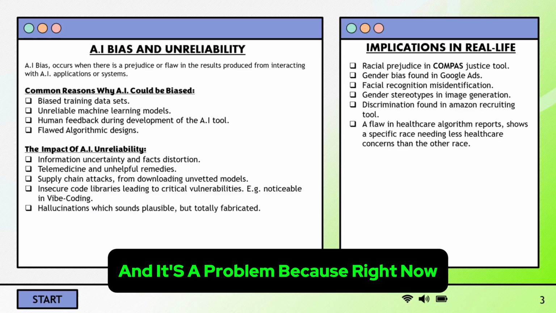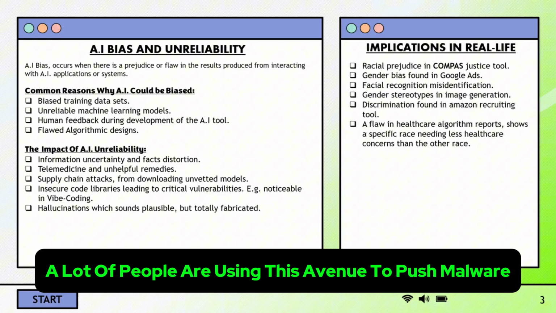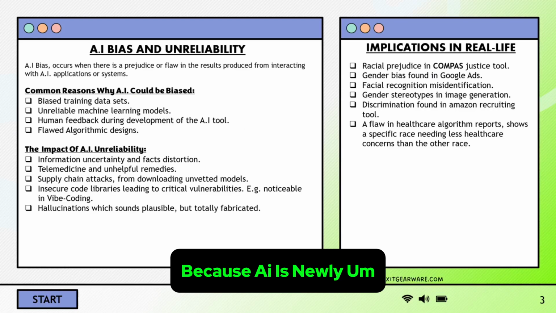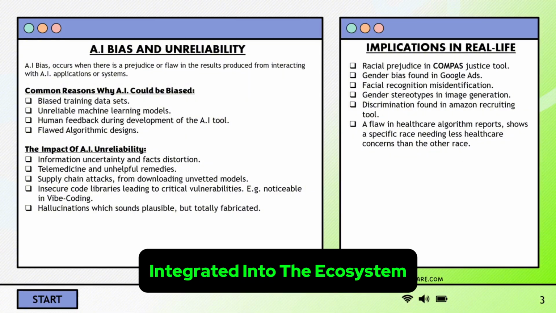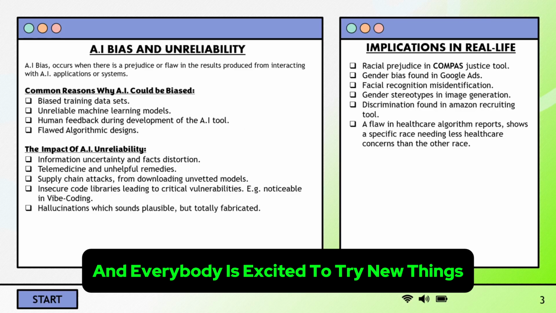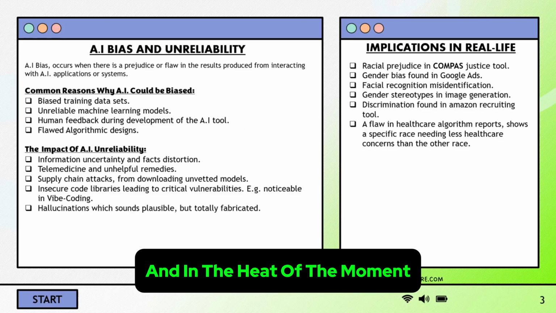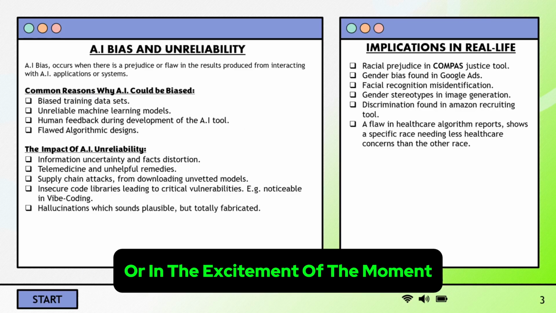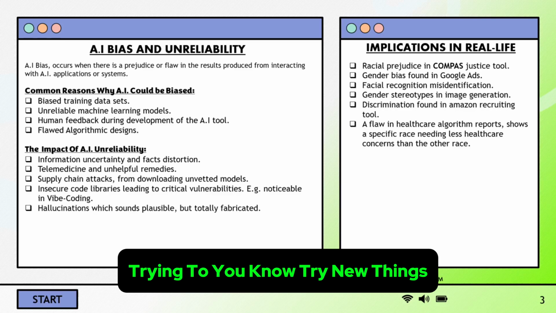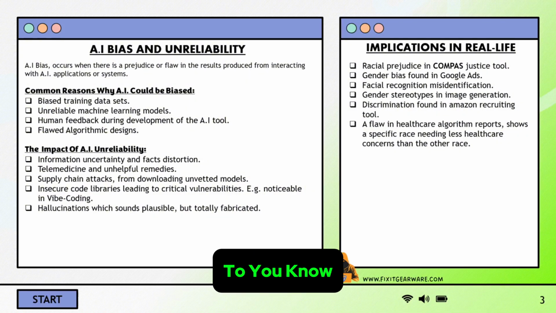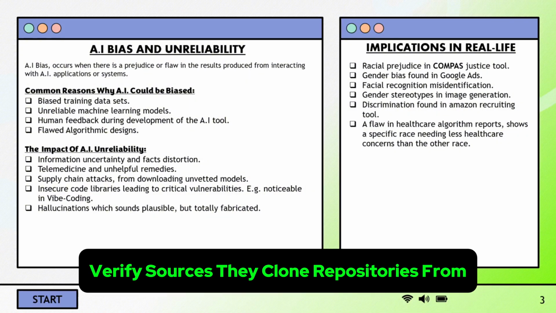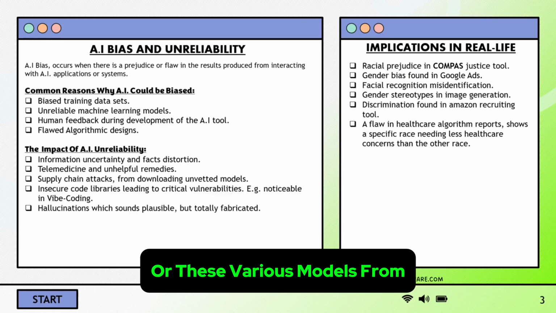And it's a problem because right now a lot of people are using this avenue to push malware, because AI is newly integrated into the ecosystem and everybody's excited to try new things. And in the heat of the moment, in the excitement of trying new things, you notice a lot of people are not doing due diligence to verify the sources they clone repositories from, or these various models from.